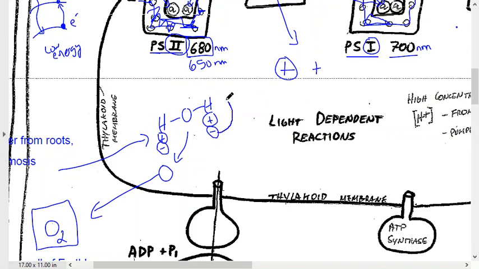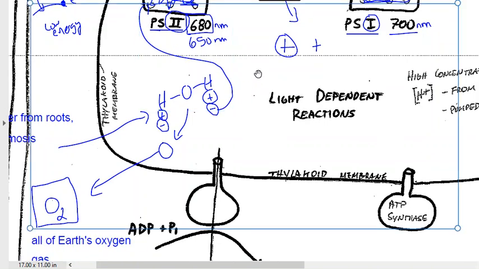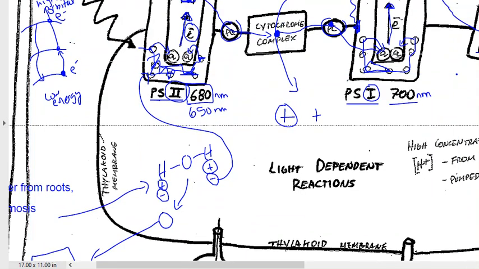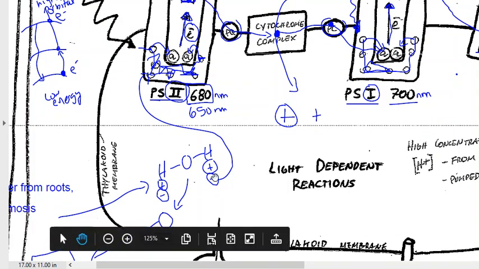The electrons from water, if you didn't figure it out by now, are the electrons that replace our missing electron from photosystem 2. So the electrons from water rejuvenate this system. They replenish the source of electrons.